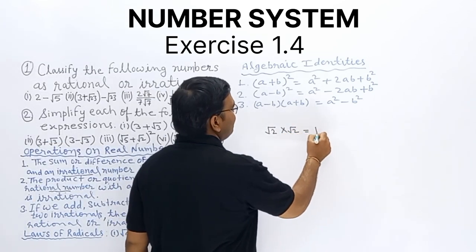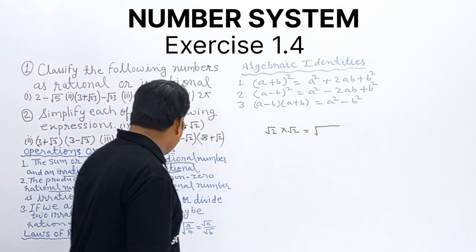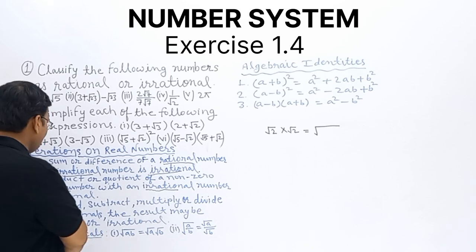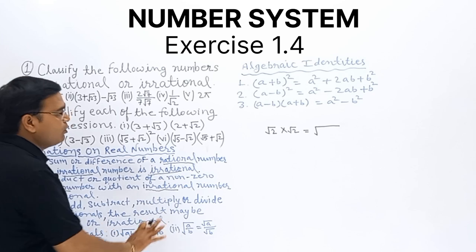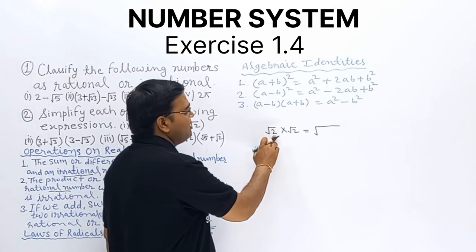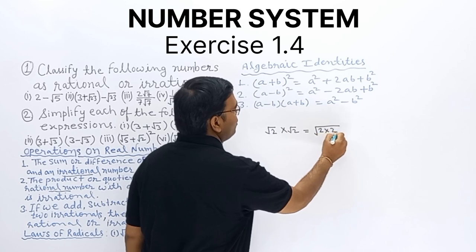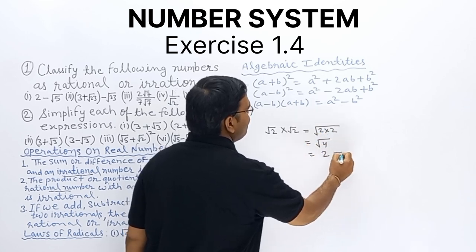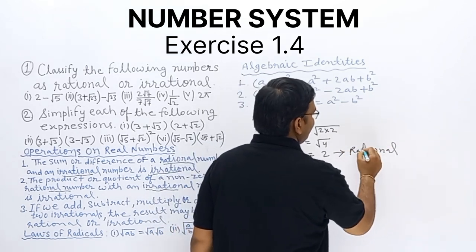Once we multiply, this formula is applicable, the law of radicals: root of AB can be written as root of A into root of B. So A is 2, B is 2. This can be written as root of 2 into 2, that is root of 4, and its value is 2. And this is a rational number. This is the example of rational.